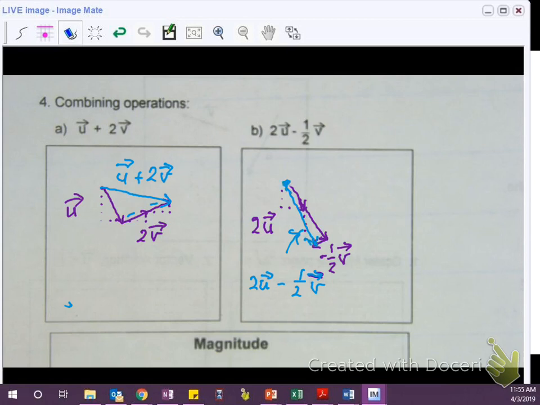The arrow should be going from the initial point to the terminal point. So the arrow should have been going this direction, because you always go from where you initially started to where you ended: from your initial point of the first vector to your terminal point of the second vector.